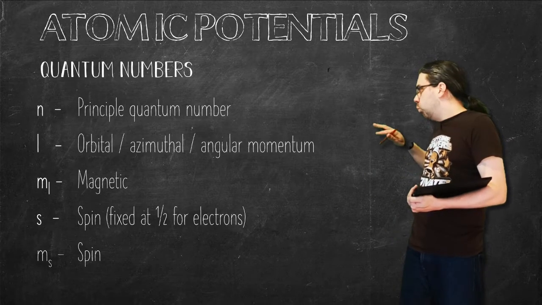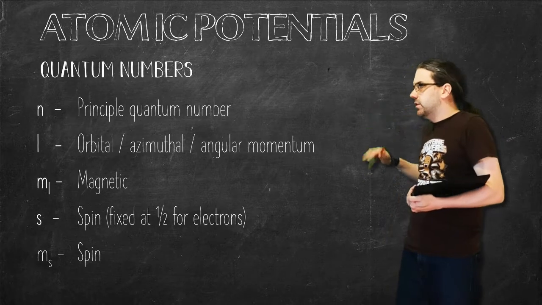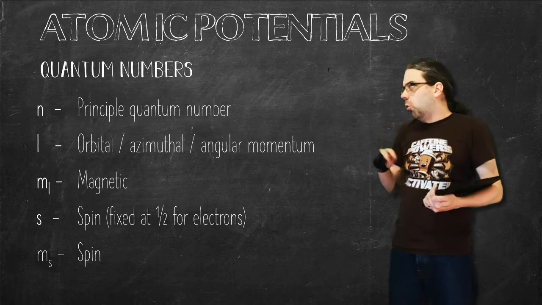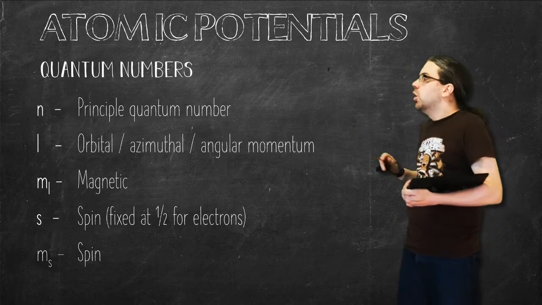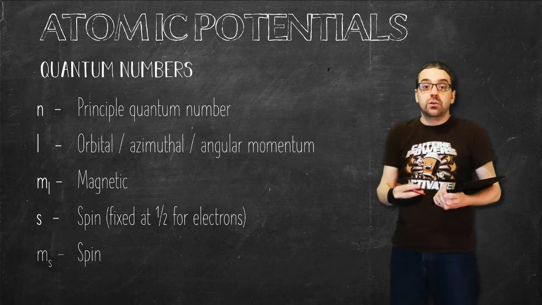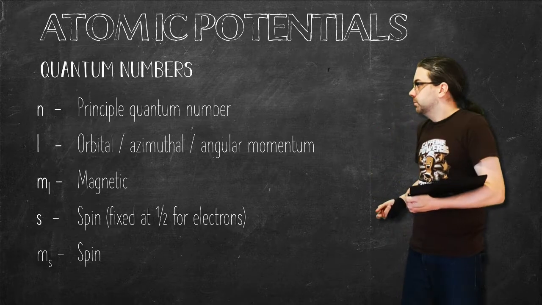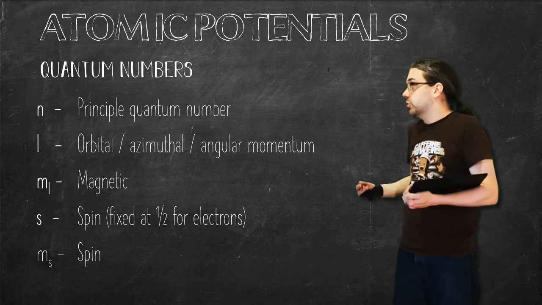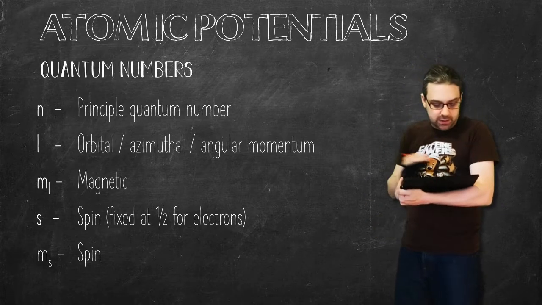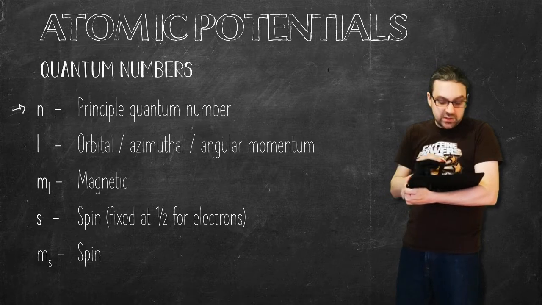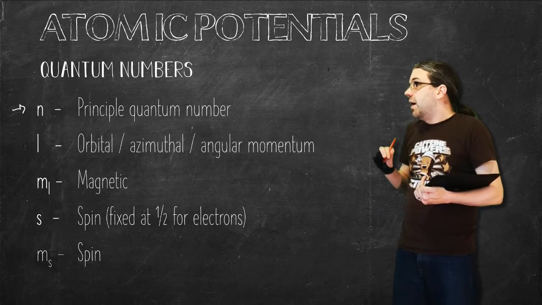So when we look at it, and I'm not going to justify these too much, we end up with 4 and maybe 5 quantum numbers that govern the electron. You've probably come across this in atomic structure so far. We'll just cover them again. We have n, the principal quantum number.